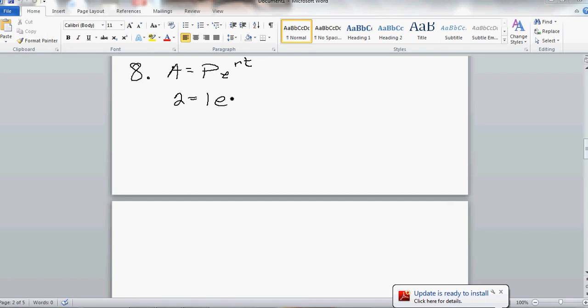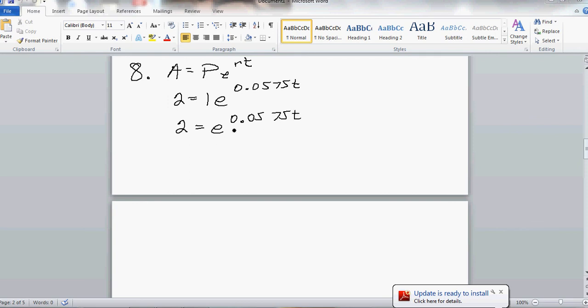2 equals e raised to the rate, which is 0.0575, and we want to know what is the time. So we divide both sides by 1, which is easy enough. 2 equals e to the 0.0575t.